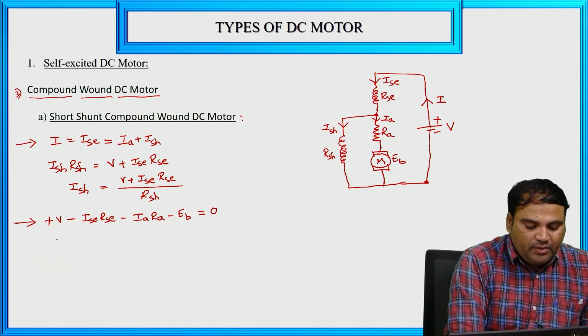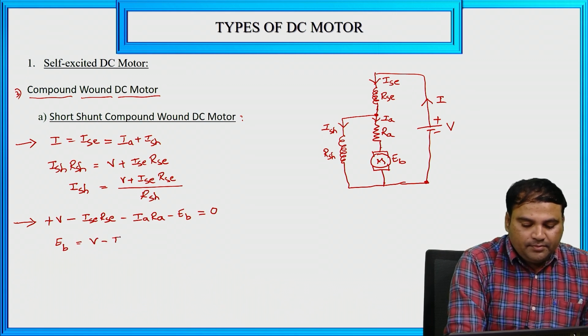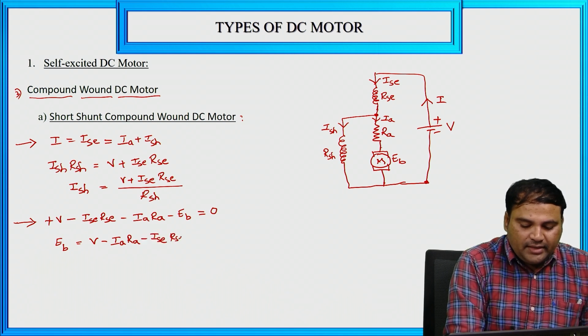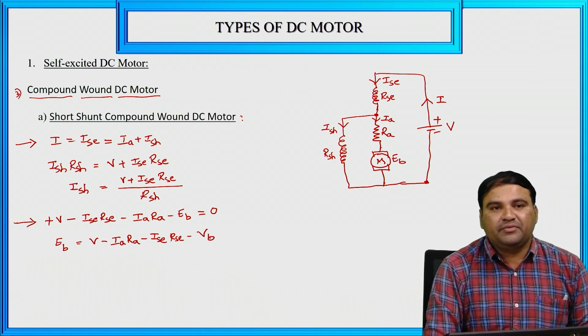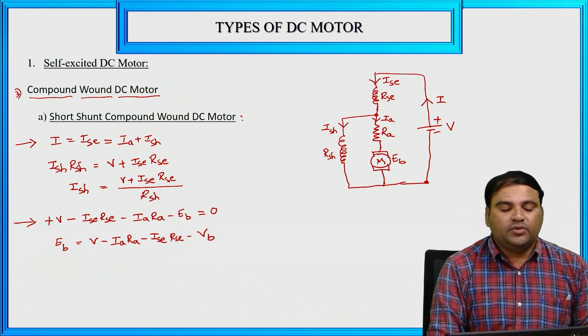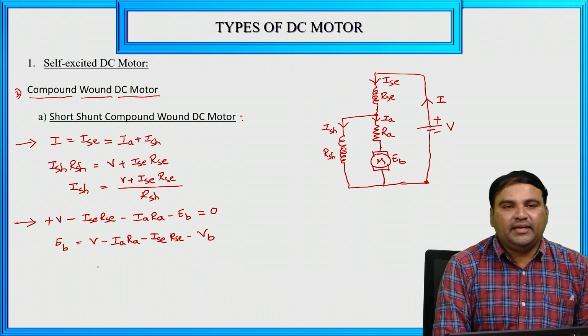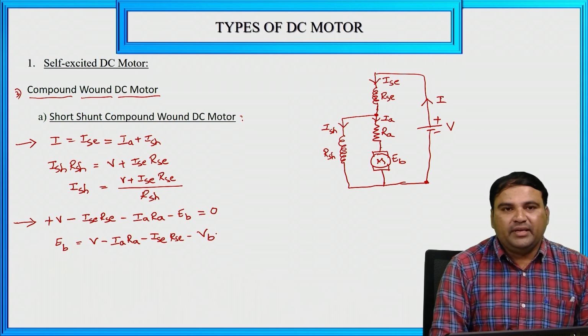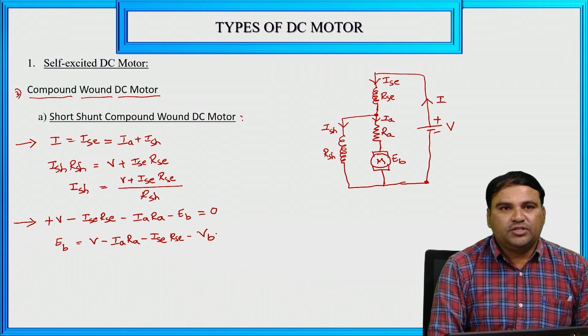Then EB equal to V minus IA RA minus ISC RSC minus brush voltage drop VB. Okay. So EB equal to V minus IA RA minus ISC RSC minus VB is the voltage relation of short shunt compound wound DC motor.